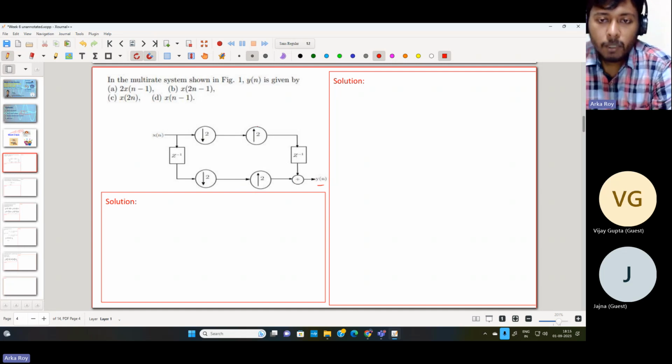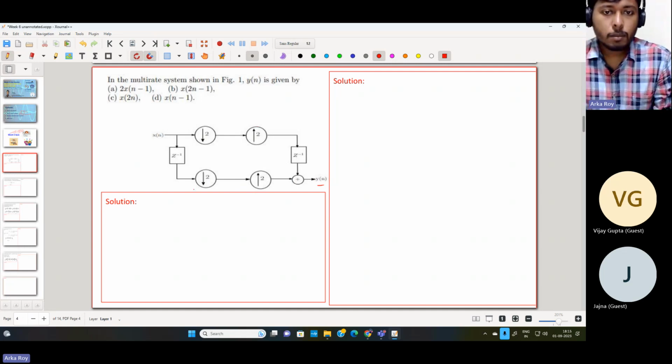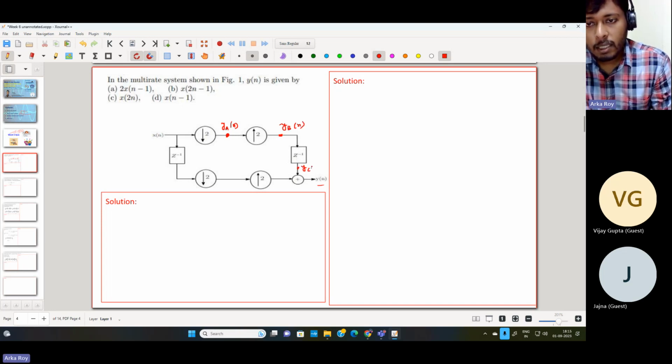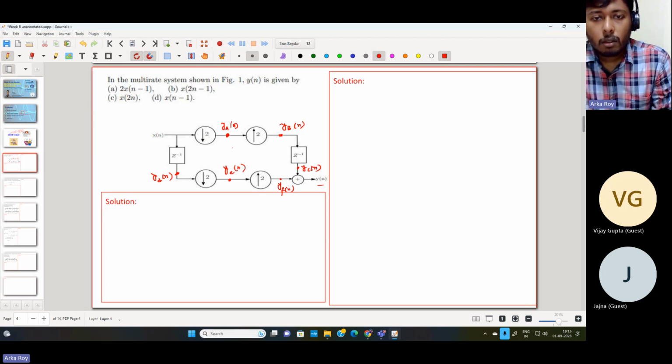For these kinds of questions, let's take points over here. For each block, we'll take an output. Let us consider this is ya[n], this is yb[n], this is yc[n], similarly yd[n] and yf[n].